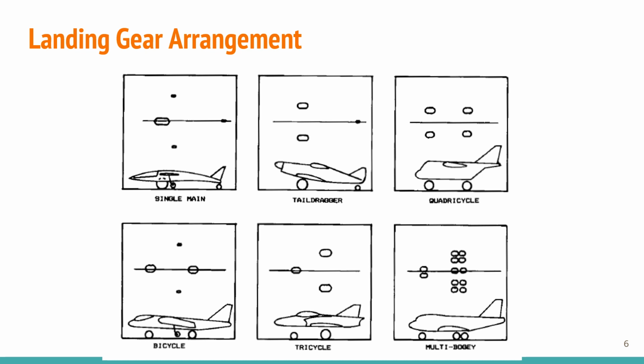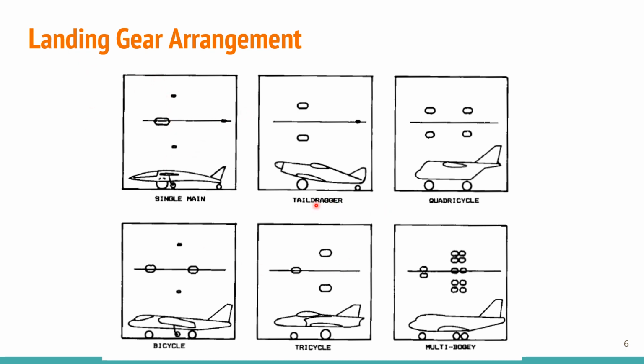This picture will give us a clear view of how the landing gear is placed. The single main landing gear: in this, the landing gear is at the center and there are small supporting wheels which are connected in a tricycle manner.